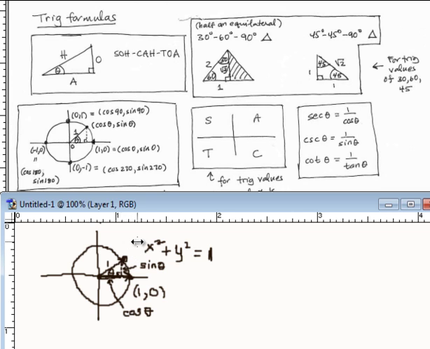So the coordinates of that point are cosine theta, sine theta.